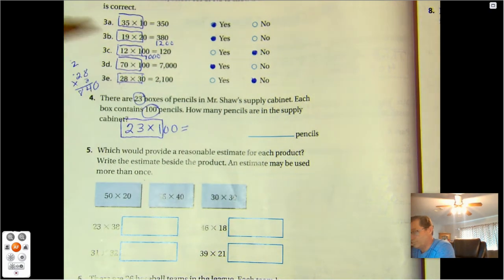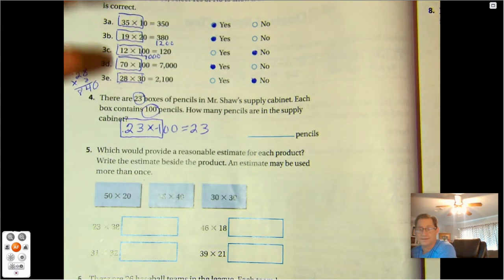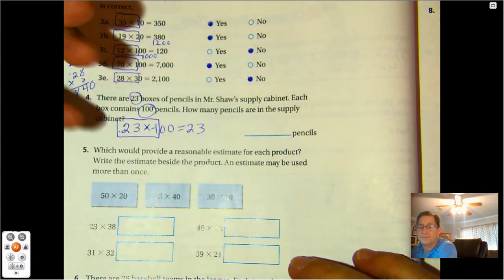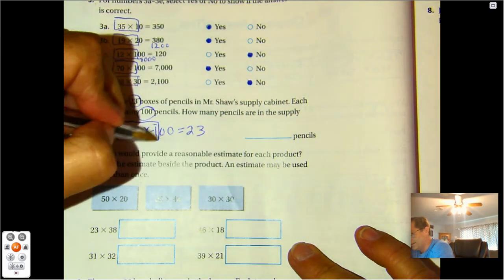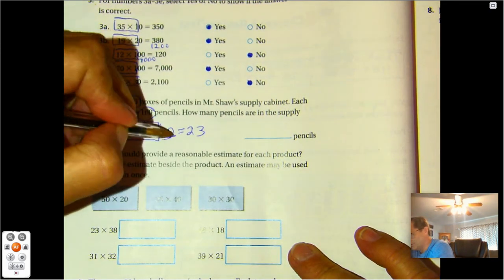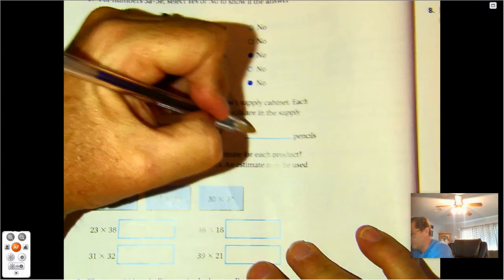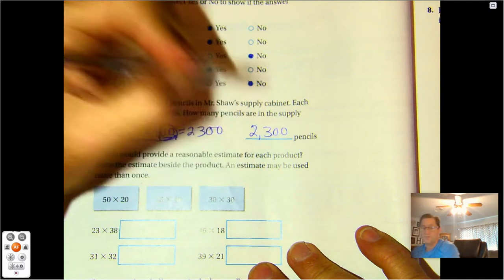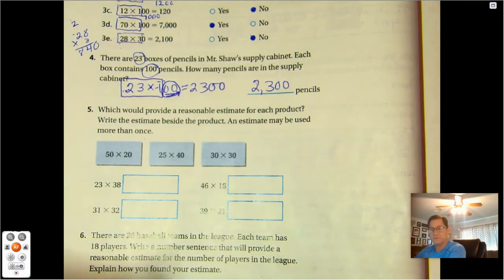We know any number times 1 is the other number. So 23 times 1 is 23. And then we have the two zeros from the 100. So we have 2,300 pencils. We like that type of problem. That was an easy problem.